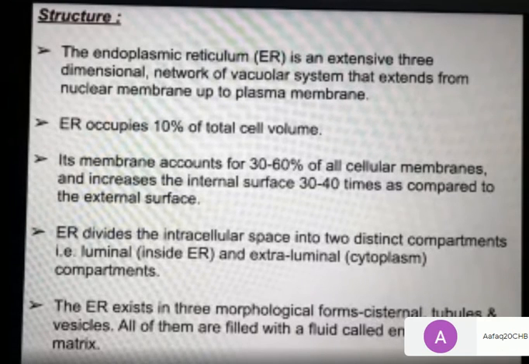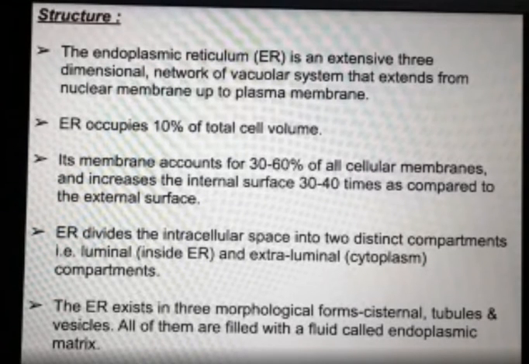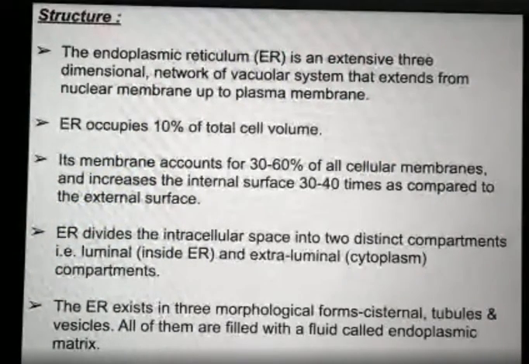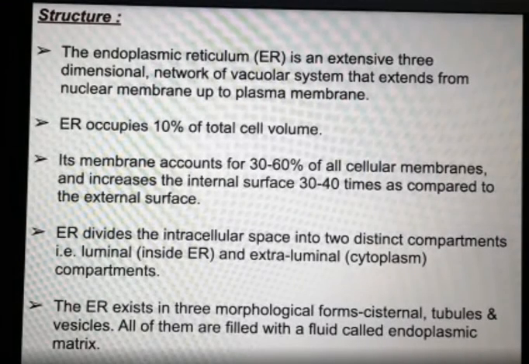As we know, proteins are the main chemical part of the cell, because whenever an enzyme is formed, there is modification of the different proteins. Its membrane accounts for about 30 to 60% of the cellular membranes, and increases the internal surface 30 to 40 times as compared to the external surface.